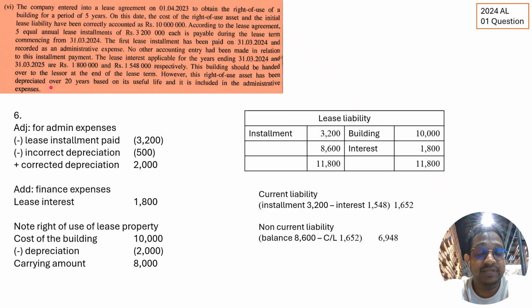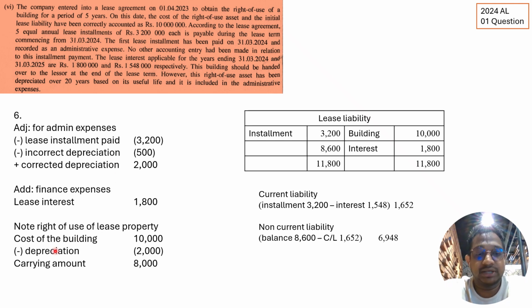So which means, as I mentioned earlier, you have to find out the depreciation based on the lease term, not the useful life. But what they did, they depreciated based on useful life and they recorded depreciation, right? So you have to reverse that entry and find out the correct depreciation and record it in administration expenses, right?